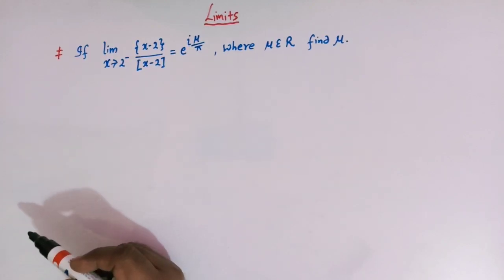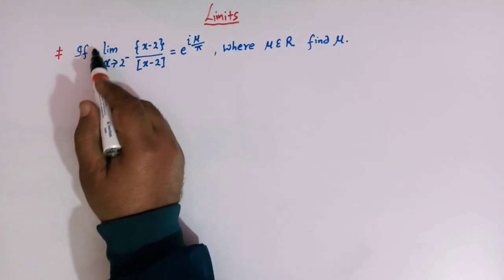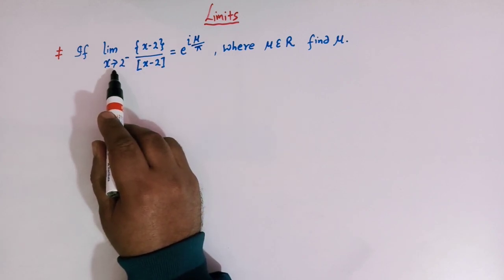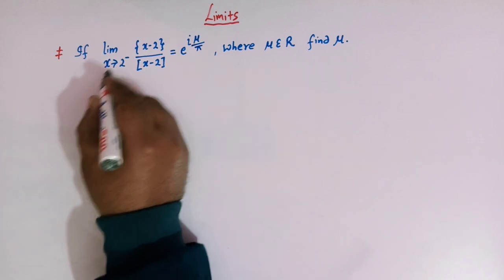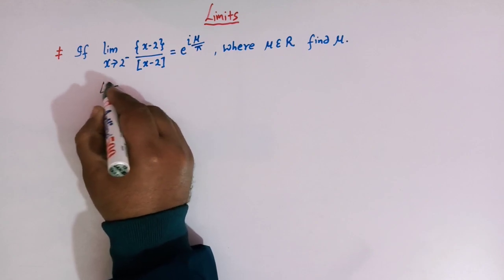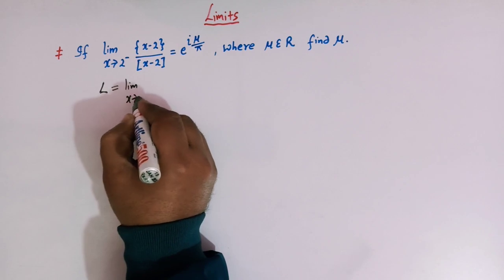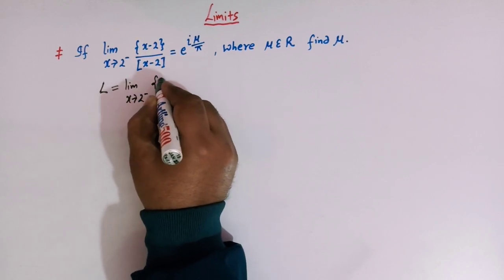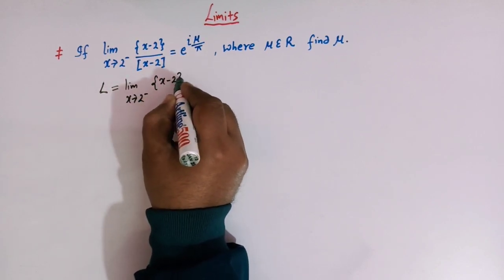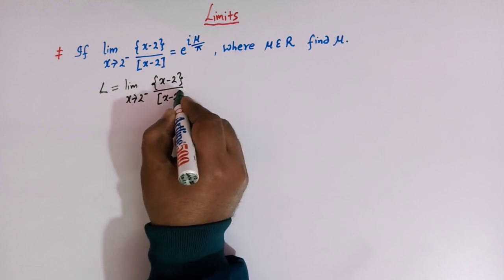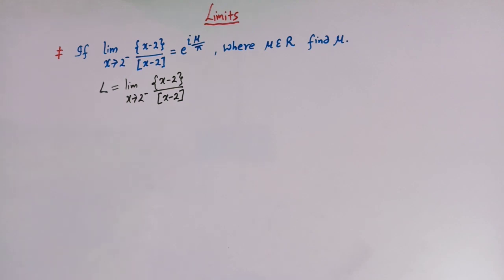So let us start, and first we'll find the value of this limit, right? So let us call this limit as L, and we can take it as limit x tends to 2 minus. Here we have fractional part of x minus 2 divided by greatest integer of x minus 2, right?